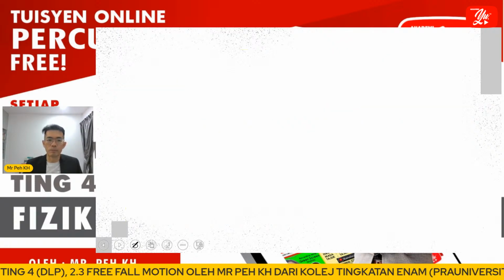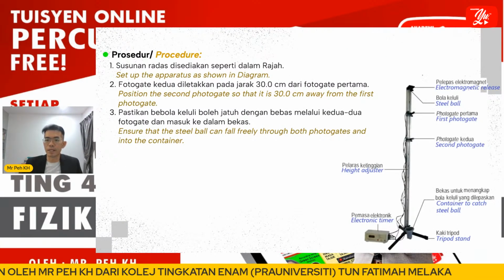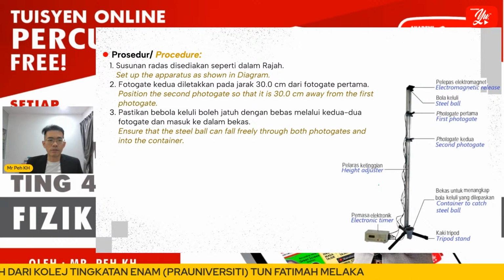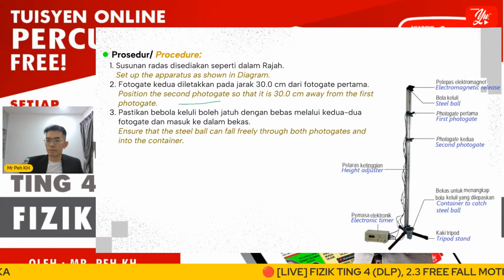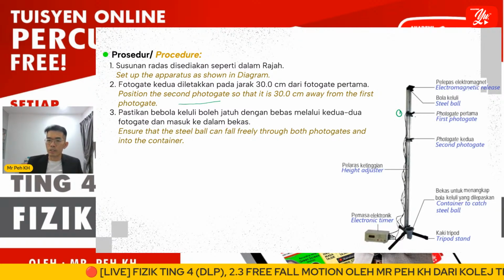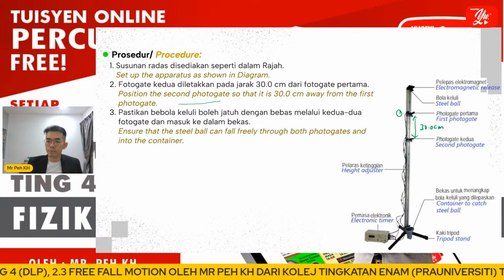Here will be the procedure. First, set up the apparatus as shown in the diagram. Position the second photogate so that it is 30 cm away from the first. This is the position of the first photogate, so the distance between both gates will be 30.0 cm.